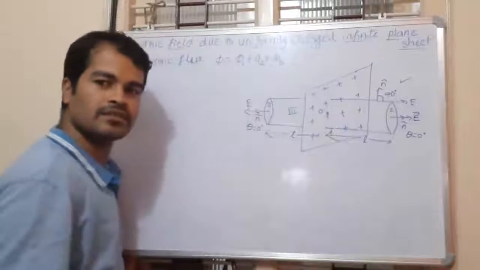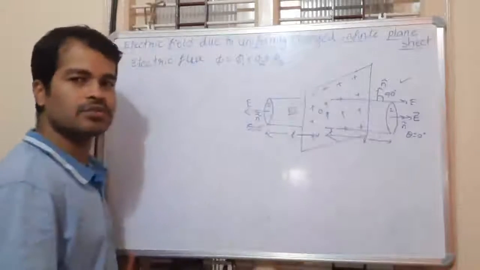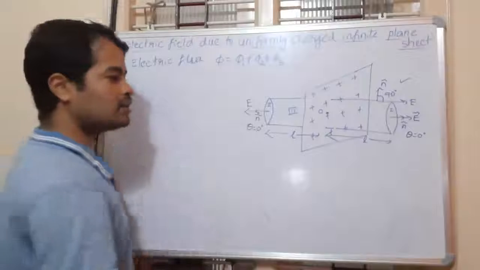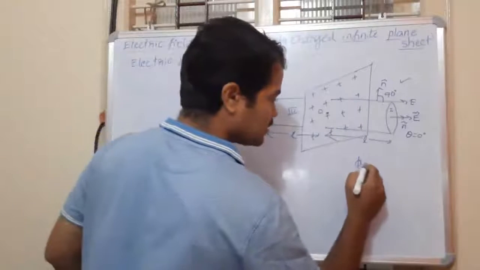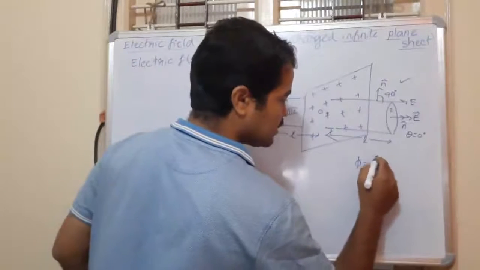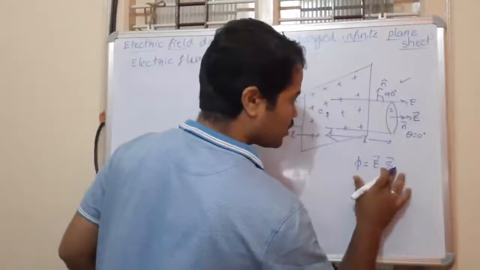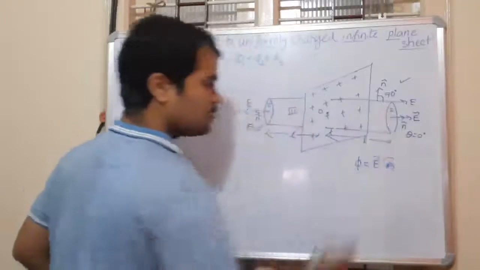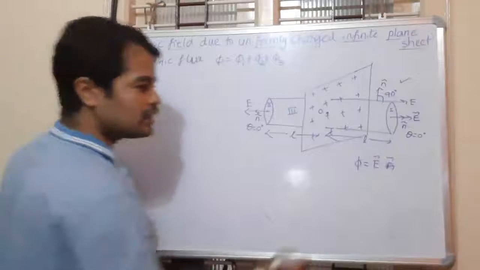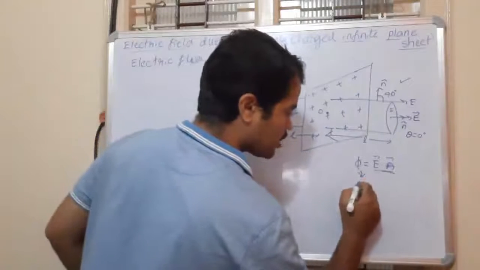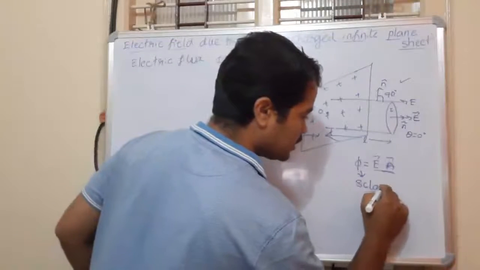Can we cancel it and make it 0? No, we cannot cancel it, because as we know, electric flux is the dot product of the electric field and the area vector, which is a scalar product. This quantity is a scalar quantity.